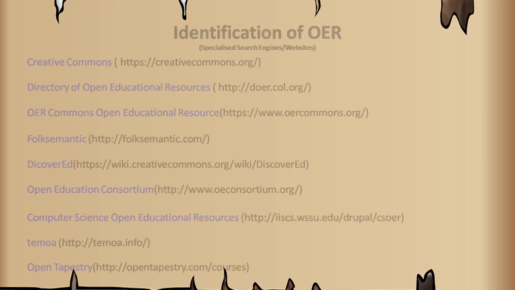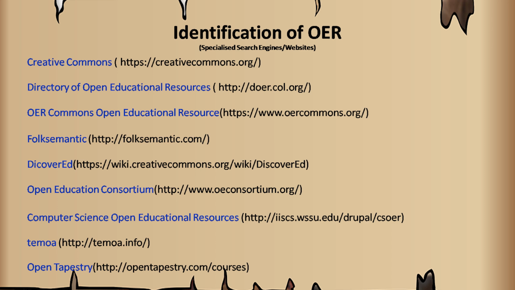And how is it done? You are seeing some of the websites on the screen, like Creative Commons, Directory of Open Educational Resources, OER Commons, Open Educational Resource, Folksemantic Discovered. These are some of the specialized search engines, or websites where open educational resources are available.